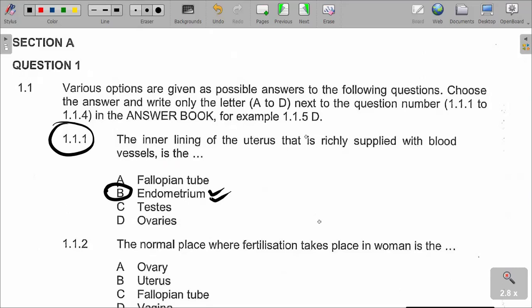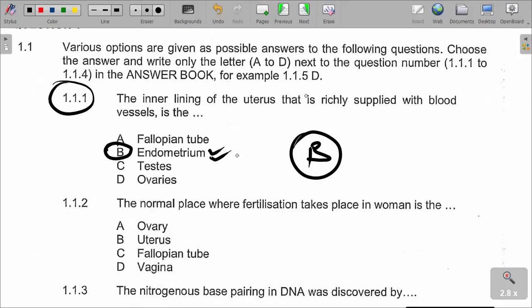So we understand that the endometrium is richly supplied with blood. We also know the monthly shedding, which is caused by the breaking down of that endometrium as a result of failure of fertilization or pregnancy.